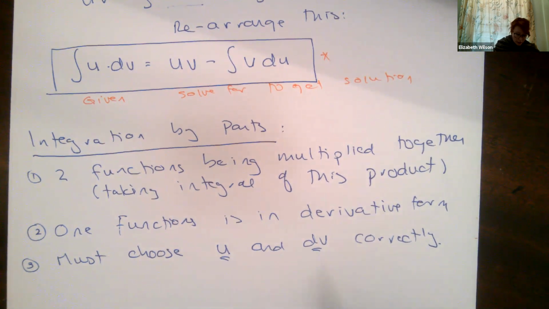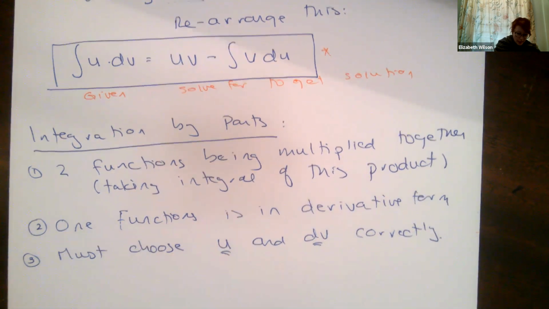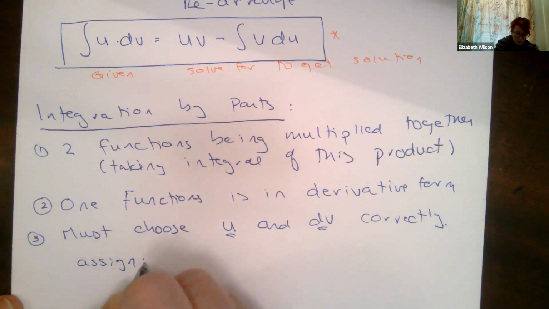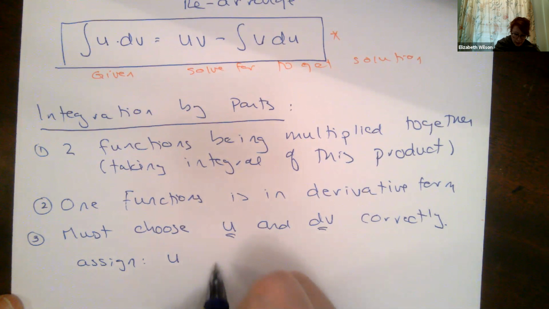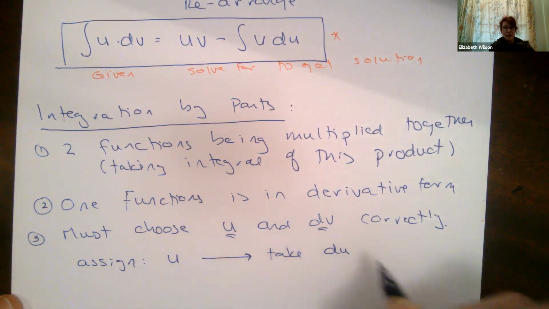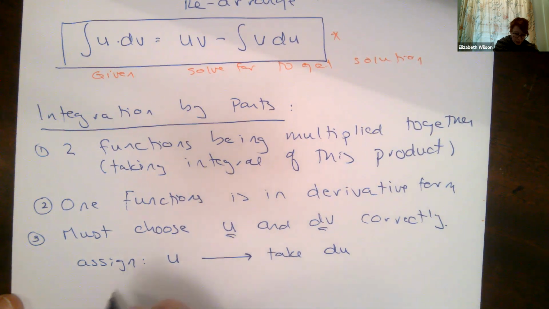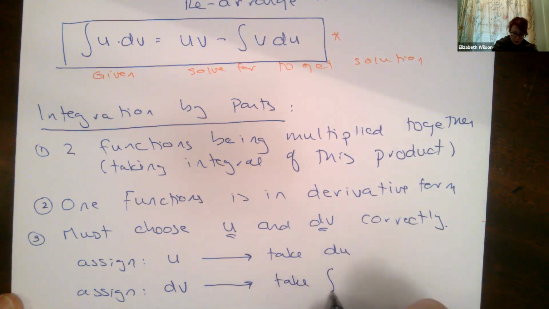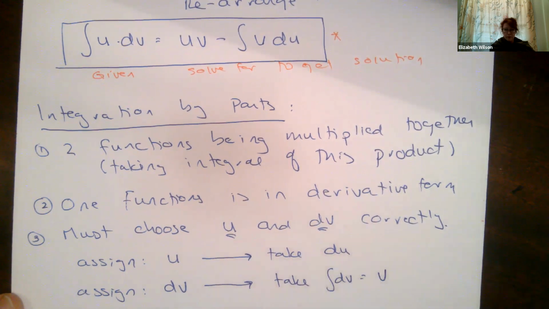Okay, so you can think about it like this, right? I will assign one of the functions as u, and then I have to take the derivative to get du. I'm going to assign one of my functions that are being multiplied together as dv, and I'm going to take the integral of dv to get v, right?